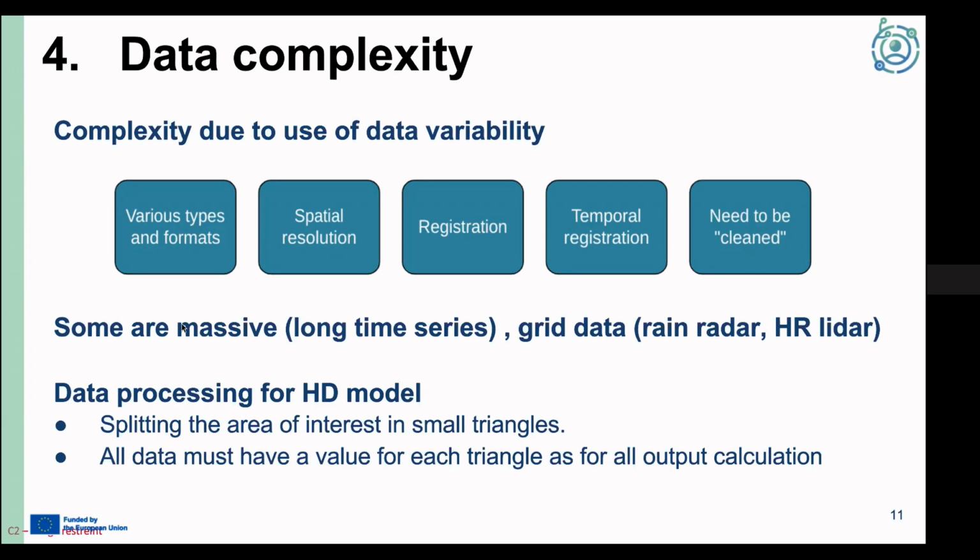So one of our jobs is a lot of data processing, for the artificial intelligence models as well as the hydrodynamic model. The hydrodynamic model creates a grid. So the area of interest is split in small triangles, and all the triangles must have the input data and output data. So we need all the registrations and the same spatial resolution.